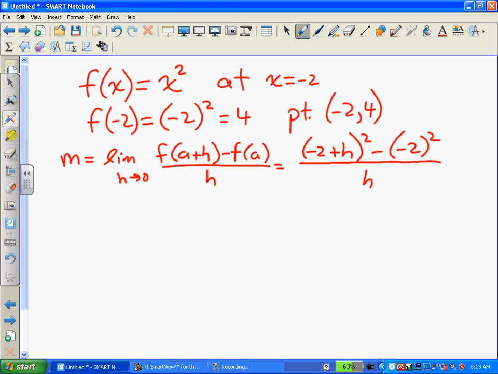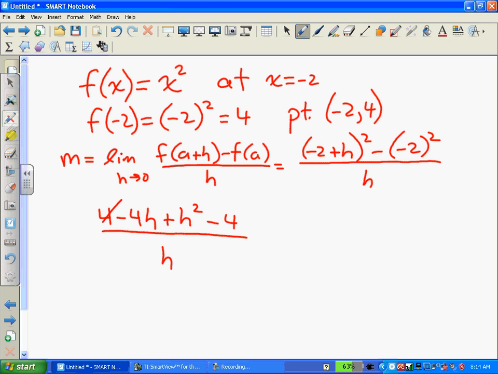So if we simplify the top, we get 4 minus 4h plus h squared minus 4, and on the bottom we have h.